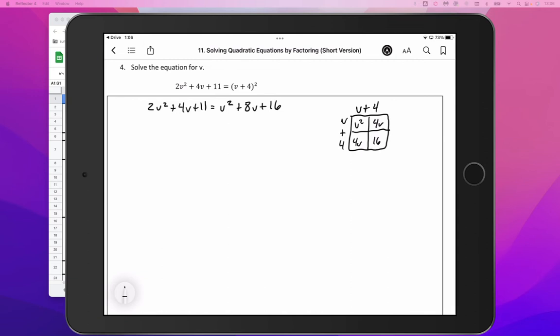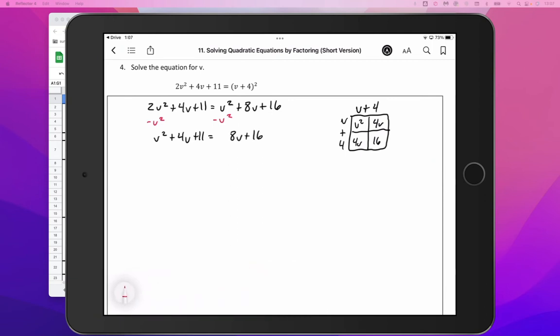But remember, what we need is one side of our equation to be equal to 0. And so I'll make the right side equal to 0 by subtracting v squared. I'll get v squared plus 4v plus 11 is equal to 8v plus 16.